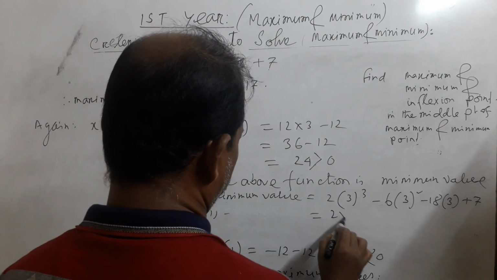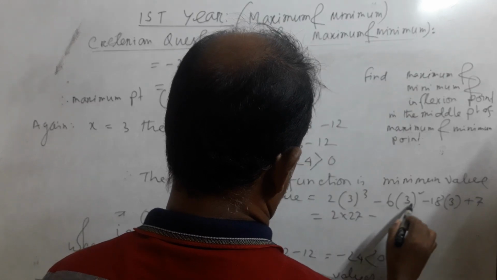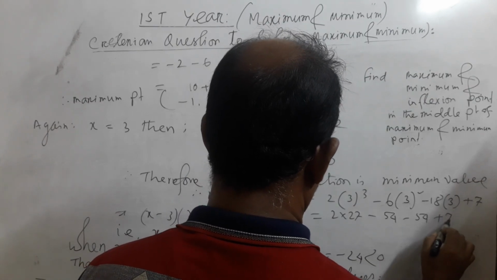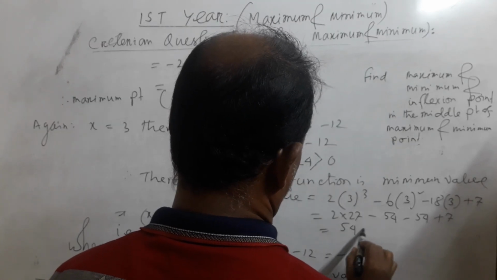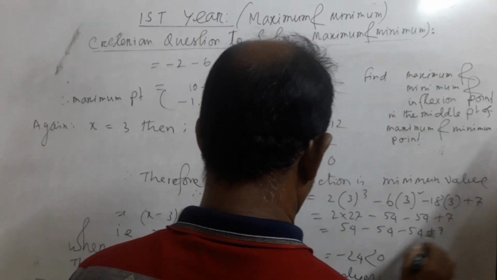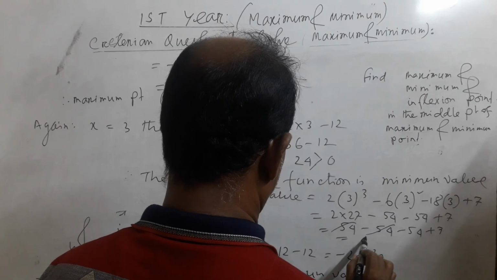That is 2 into 27 minus 54 minus 54 plus 7, which is minus 47.